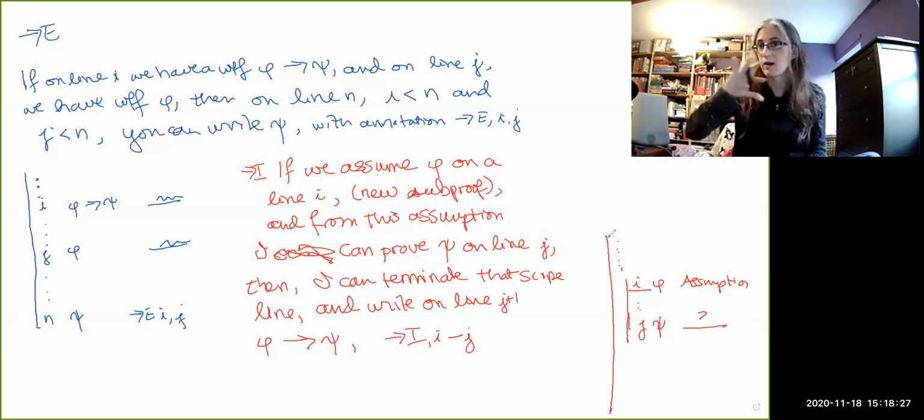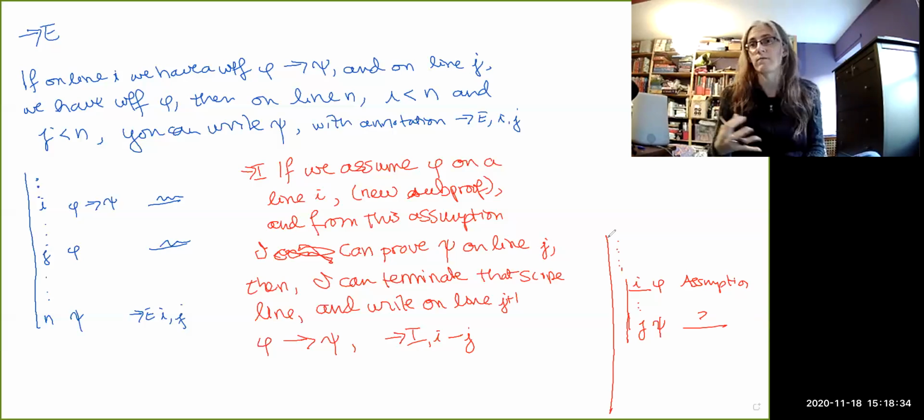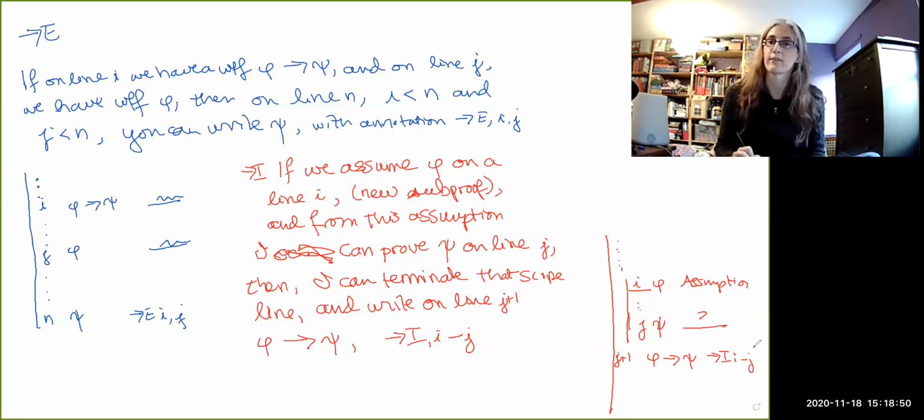I can say, okay, I'm done with that, I'm not going to use it anymore. I terminate the scope line and I discharge the assumption. These are vocabulary words that you will hear me use when I'm working through actual proofs. So here on line J plus 1, I can then introduce the conditional, if phi, then psi, conditional introduction, citing the entire subproof.